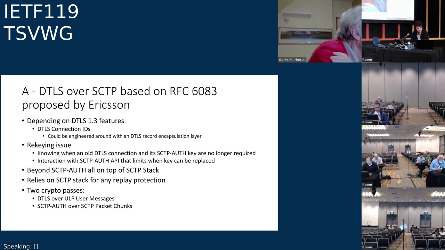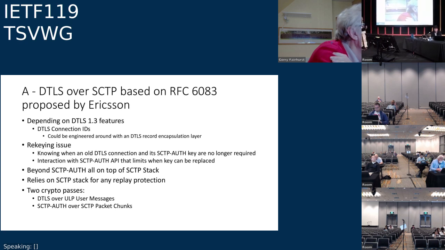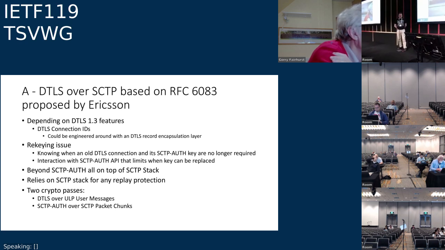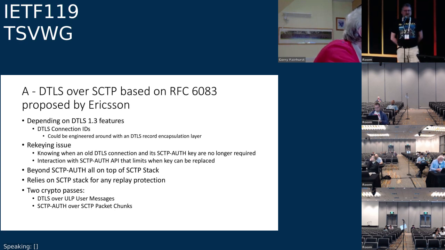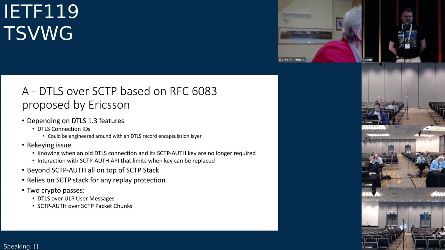It's between the upper layer protocol and the main SCTP parts, and it relies on the SCTP stack for the application, etc. And as Jan commented, it's not really replay protection, but dealing with any duplication of packets or replays, they come into the stack, and this does nothing to change the properties of the SCTP's handling of this. There are two crypto passes: DTLS over the upper layer protocol user messages, and then SCTP-AUTH over the SCTP packet chunks that are signaled to be protected by the AUTH chunk.